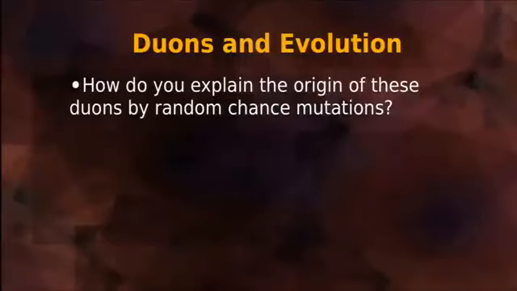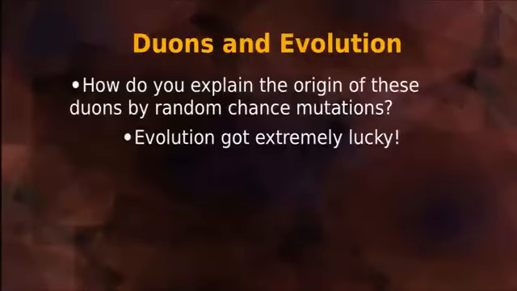Because it's doing 2 things, you have to evolve 2 things simultaneously. So I always say evolution got extremely lucky, right? If it's just doing 1 thing, you might say, okay, maybe that could happen by chance, but 2? Now we've just compounded the problem. And I'm going to guess that they probably do more than 2 things. This is just all we've discovered so far.